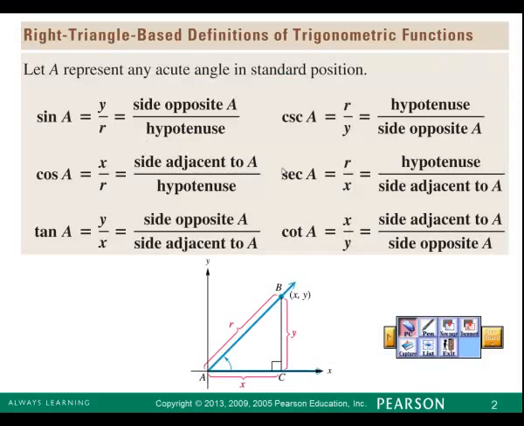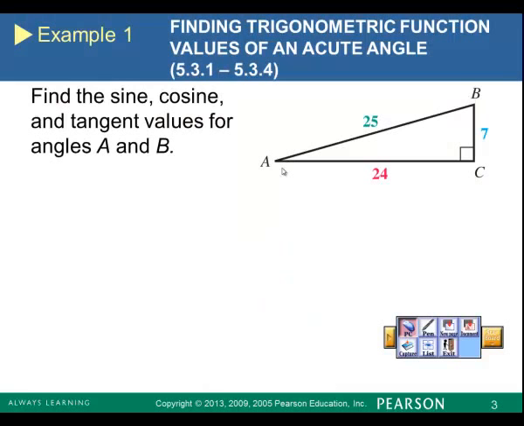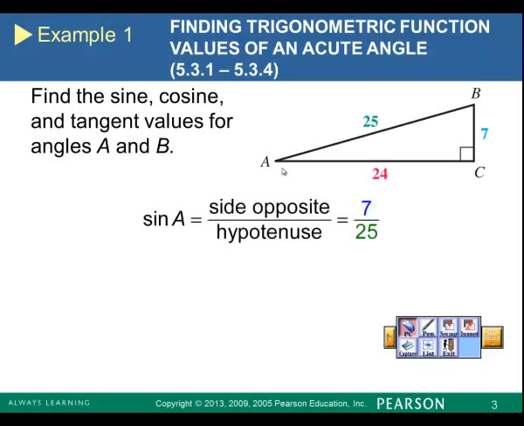Remember now, sine is what? Opposite over hypotenuse, right. So what would be the side opposite of angle A? 7, good. And then the hypotenuse? 25, right. So that would be 7 over 25, good. And how about cosine? Travis?